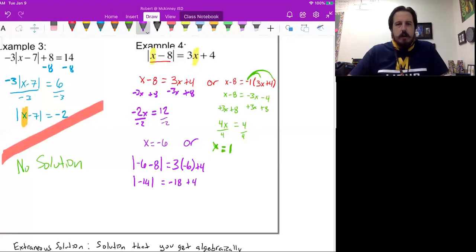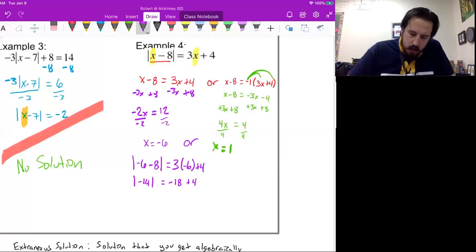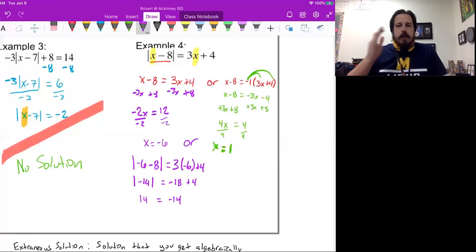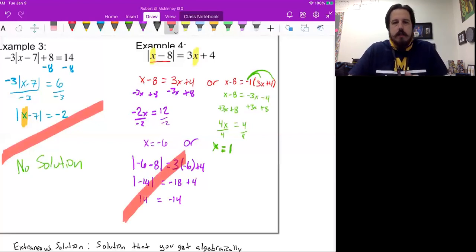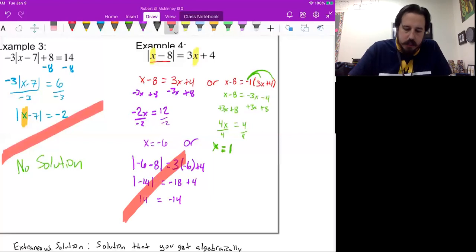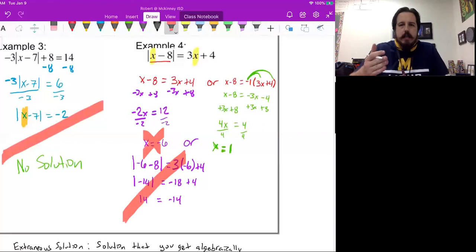The absolute value of -14 is +14, equals -18 plus 4 is -14. +14 is not the same thing as -14. This doesn't work. Okay, that one doesn't work. This is an extraneous solution. We got it algebraically, but when we tried it back in, it didn't work.